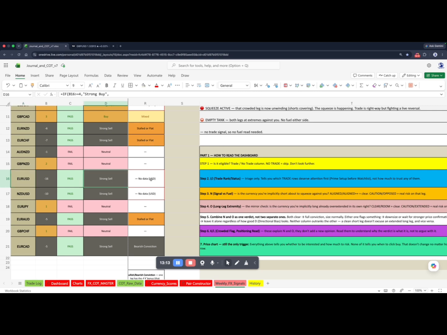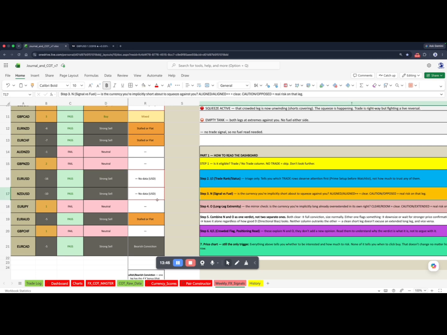So if you're shorting Euro US, that means you're giving conviction to US dollar strengthening, right? So you want to know, what is the euro doing? Always look at what the sell leg is doing. You are selling euro in favor of buying US. So that's why you are strong selling. What is the sell currency doing?